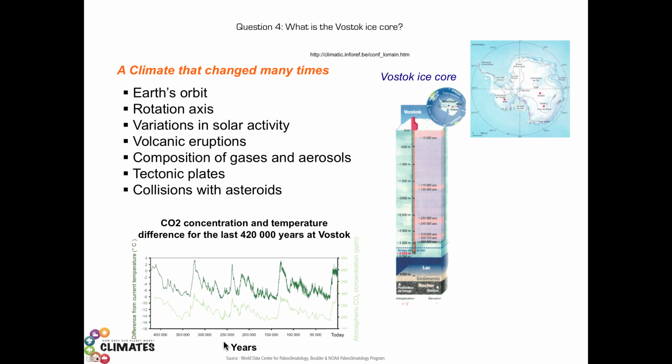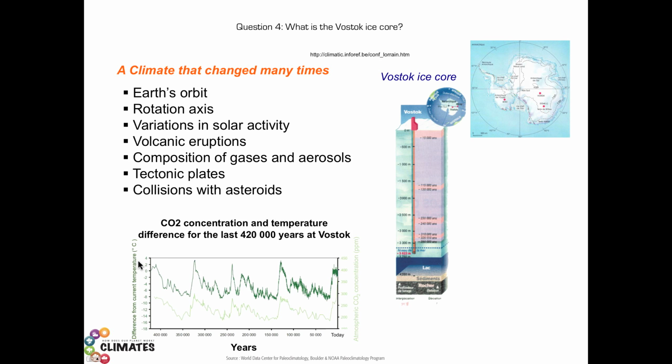The horizontal axis, called the x-axis, is the time. On the right is today, and on the left is 420,000 years before present. The vertical axis on the left exhibits in dark green the difference from current temperature in Celsius degrees.